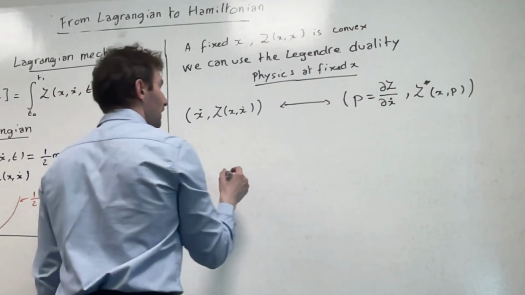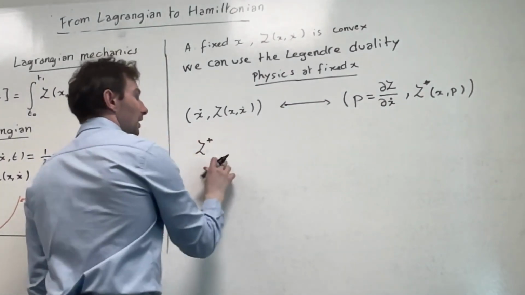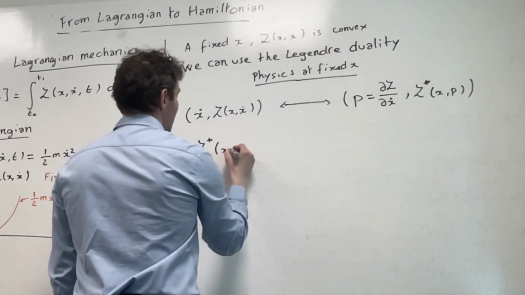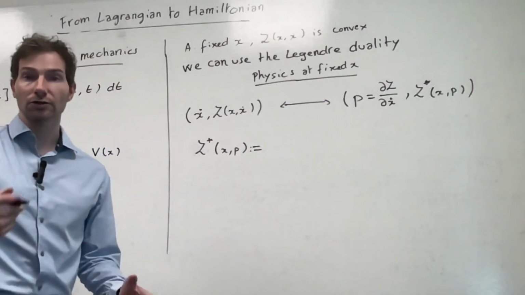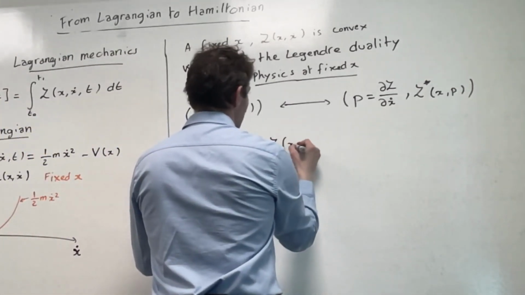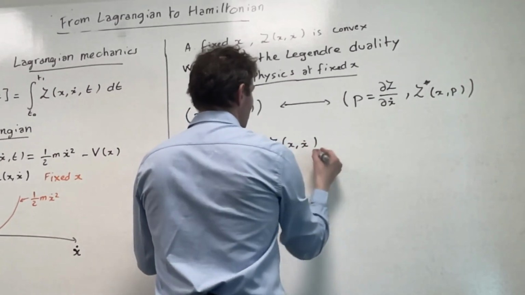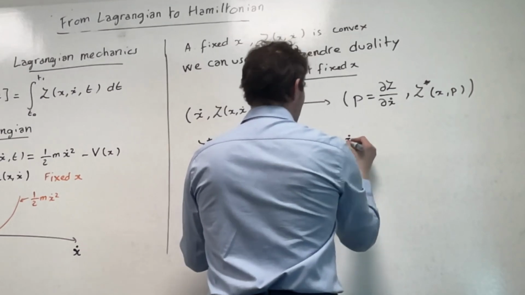And what we had is that L star of x, p is equal, by definition of the Legendre transformation, to L of x dot minus p x dot.